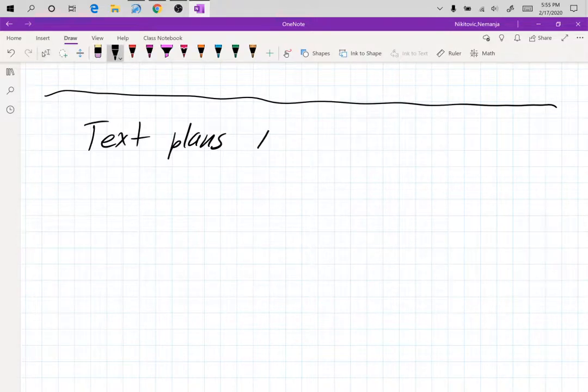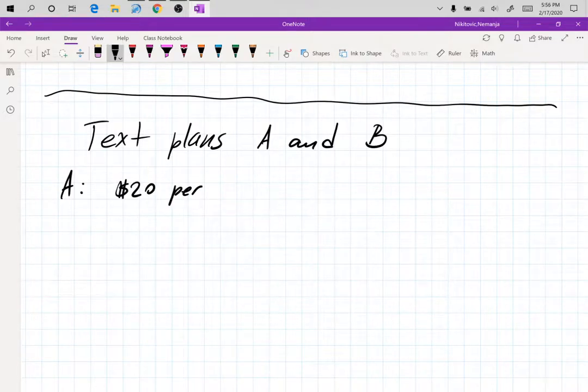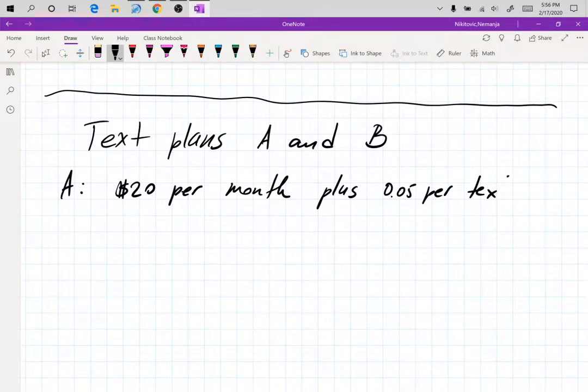So text plans A and B. Plan A is $20 per month plus 5 cents per text. That's a text message.